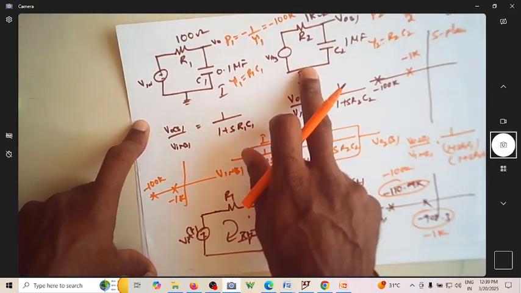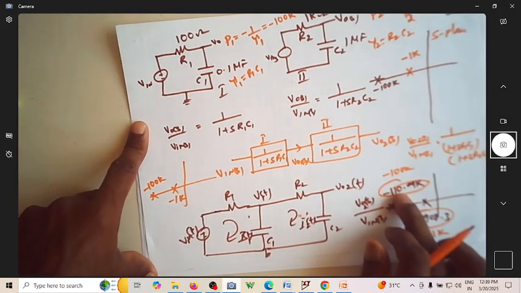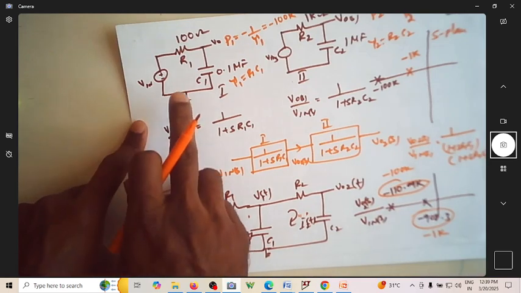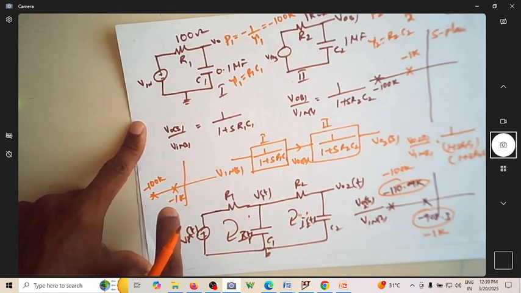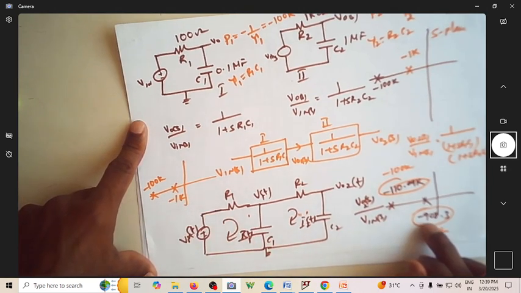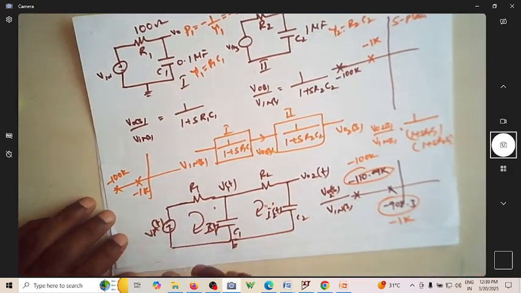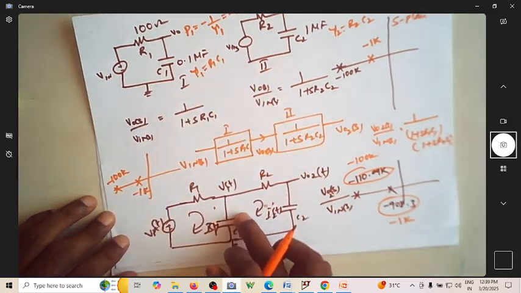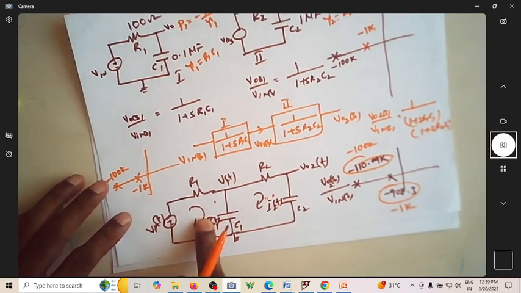This pole which was supposed to be at minus 100k has now moved to minus 110.09k, and this pole which was supposed to be at minus 1000 is now at minus 908. So this is purely due to the loading of the second circuit on the first circuit.